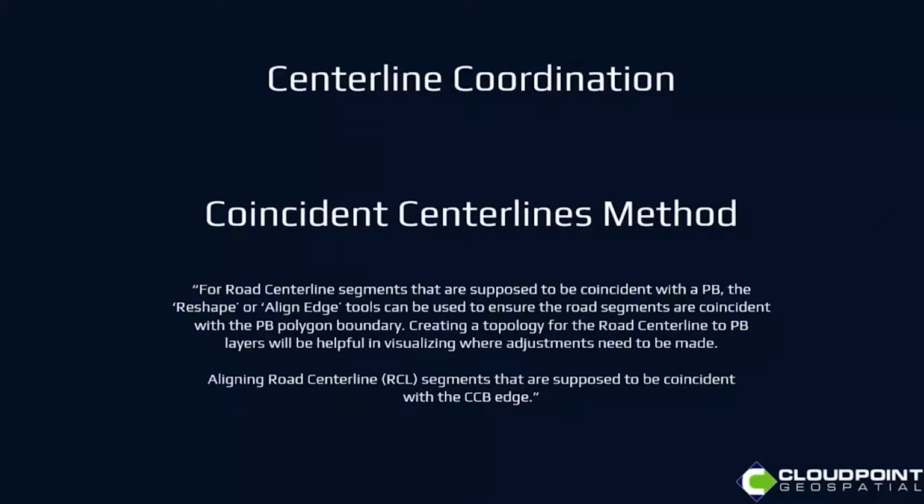For this coincident method, they need to be coincident with our provisioning boundary. And if you need to make sure that that boundary is coincident, we recommend using the align or reshape tool to allow exact geometry coordination with that provisioning boundary or PSAP boundary and that road center line.